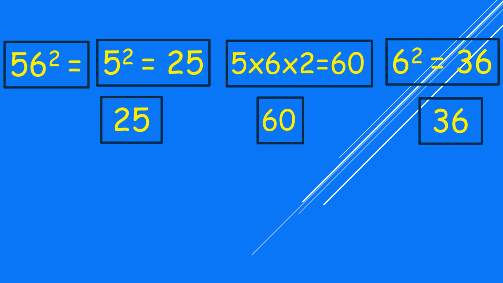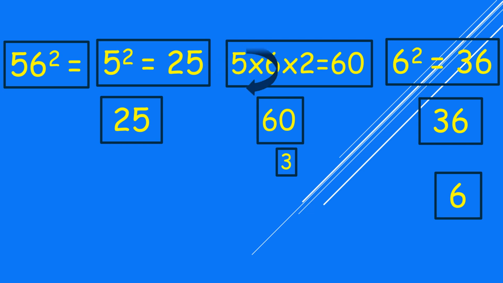But the middle and the third term can only have one digit. So what we will retain is the unit digit, and we carry over the other digits. For 36, we retain 6. We carry over 3, that is, we add 3 to 60, and that gives us 63.